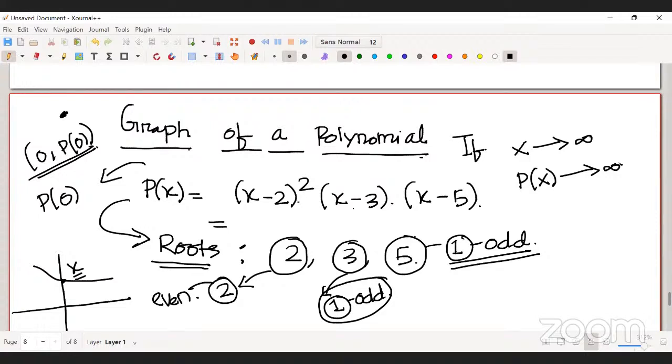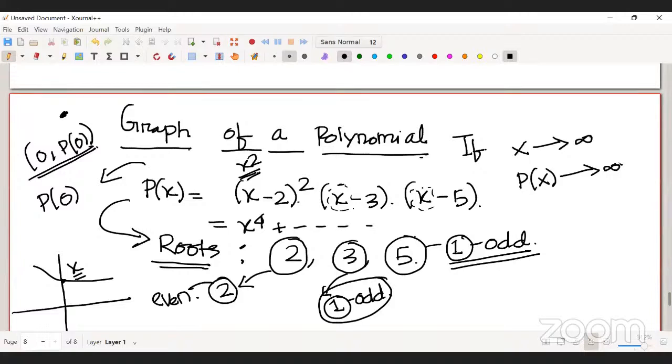If you multiply, from here you will get x square, right? Here you have x, and here you have x. If you multiply x square with x and x, what will you get? x power 4, plus some lower degree terms.